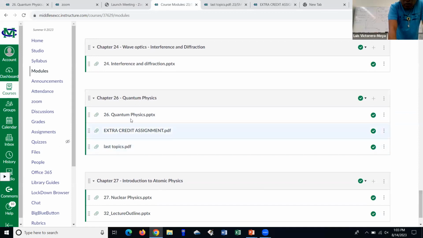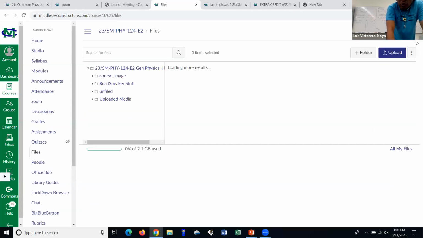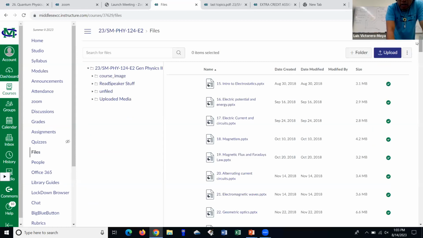So even though there are no assignments for quantum physics, for relativity, and for atomic physics, you can use this to practice problems and also the sample final, as I showed you before. You can find it in here.